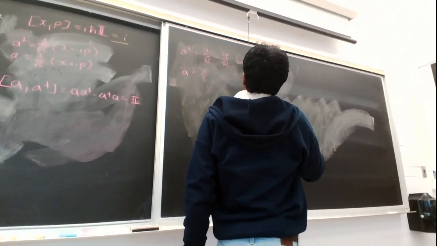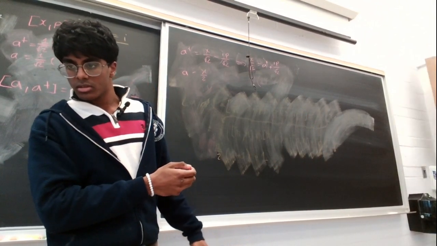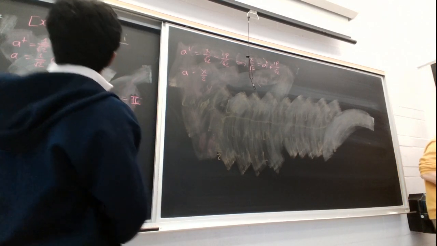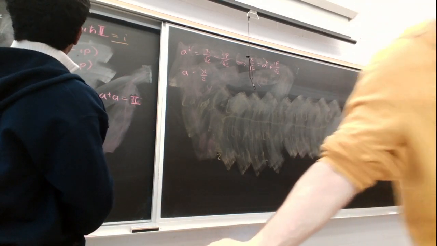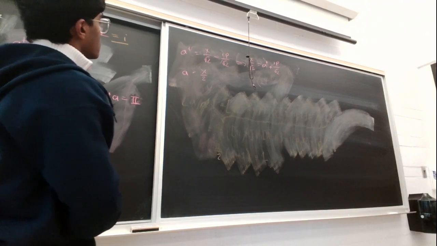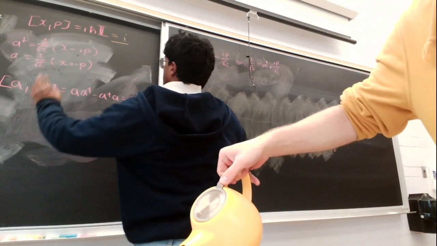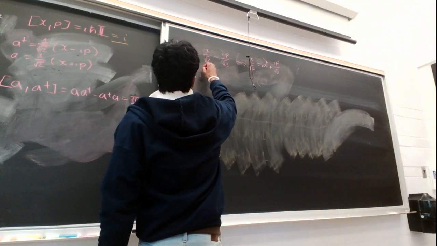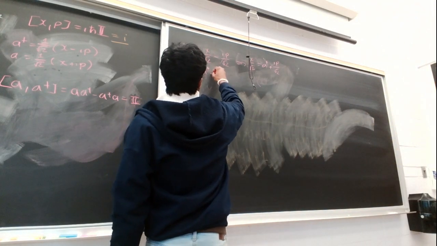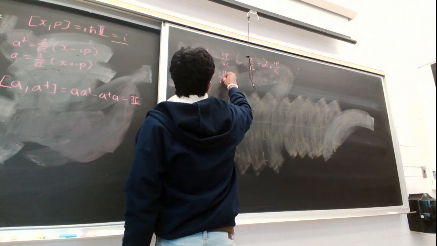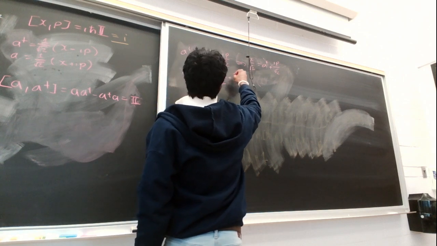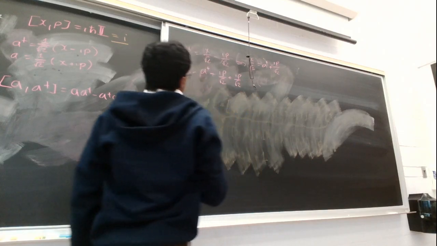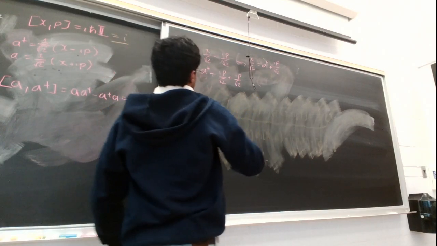No, is it? It'll work out. Okay, and then that's a plus i p over root 2 plus i p over root 2. So then, oh yeah, this works out.